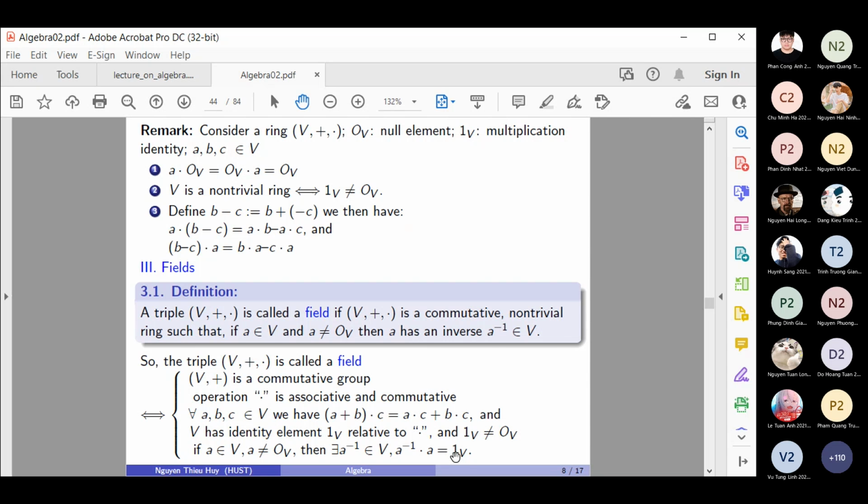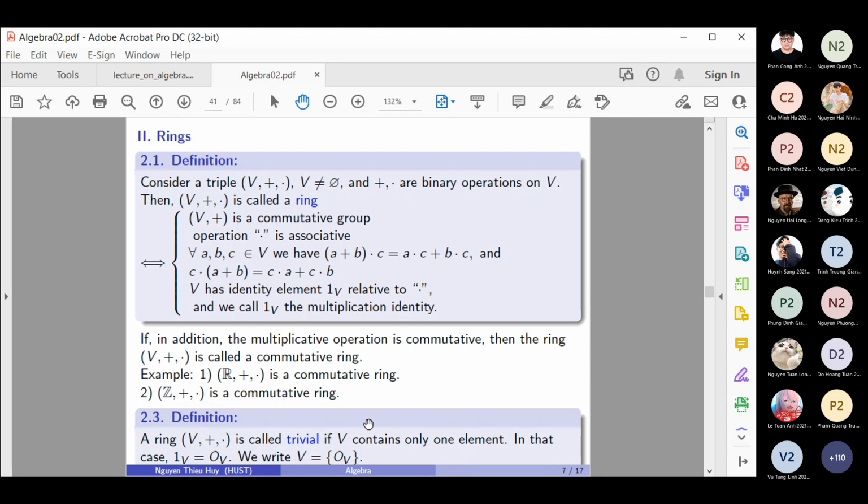And we can look back at this, as I already asked you before: what do you think about the difference between these two rings? Both of them are commutative rings, but R with addition and multiplication is non-trivial, and every non-zero element has an inverse.